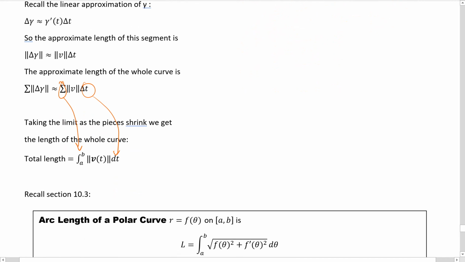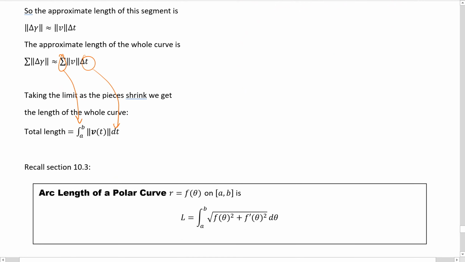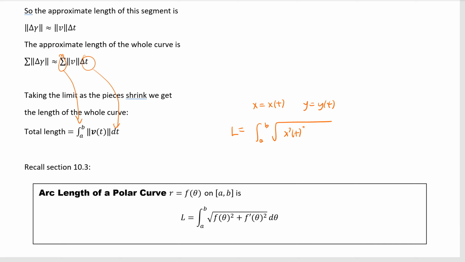And also, in chapter 10, when we talked about parametric curves, in section 10.1, we also talked about the length. Suppose we have a parametric curve x equals x of t, y equals y of t, then the length from a to b is the integral of the square root of x prime of t squared plus y prime of t squared dt.